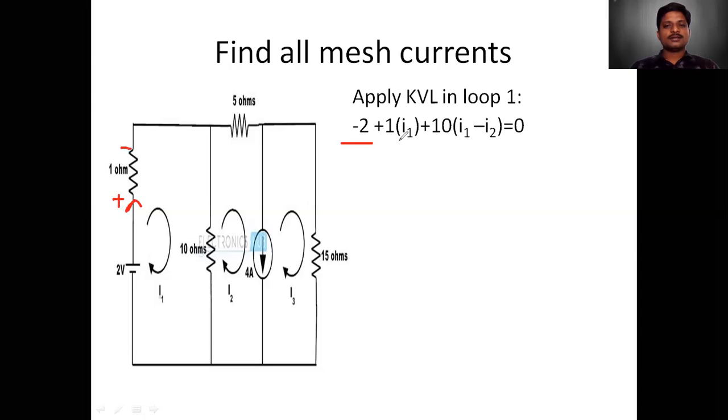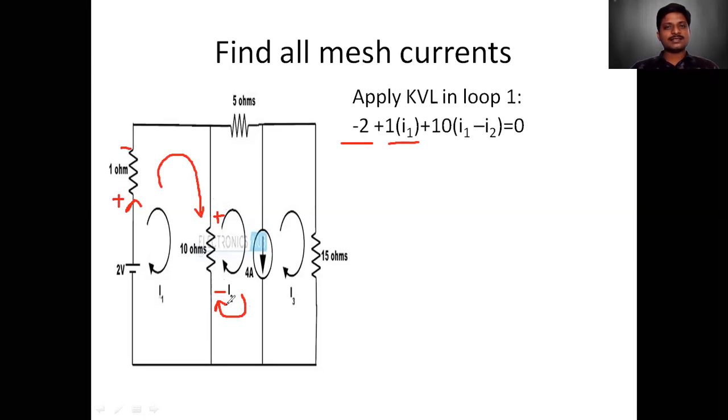Therefore, the voltage drop across the 1 ohm resistor is resistance into current. Resistance is 1 ohm and current is I1. Therefore, 1 into I1. Then current will enter this 10 ohm resistor, so you have to take plus here and minus here. But you have to remember that I2 current is also flowing in the same resistor.